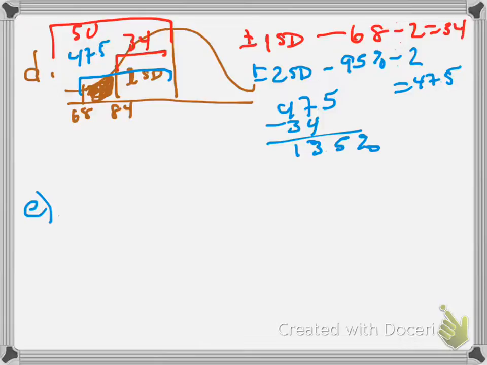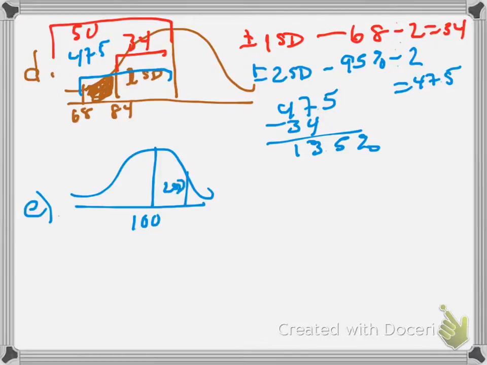What percent of the people should have scores above 132? So again, I always draw this, okay? So here is 100, and 132 is 2 standard deviations. And they want to know what percent should have above. Okay, so let's take what we know.